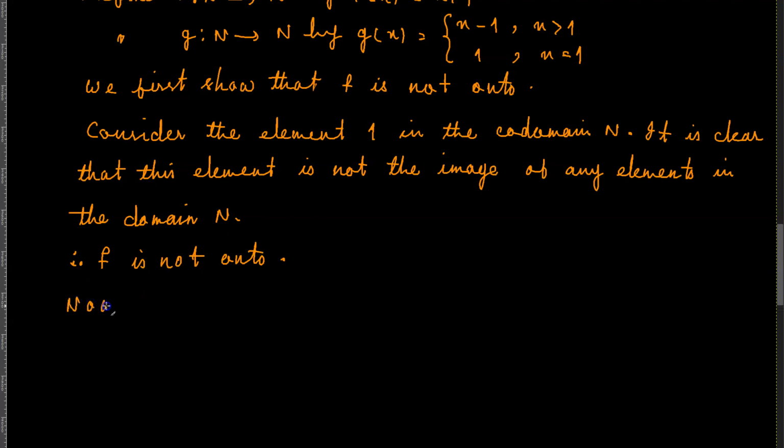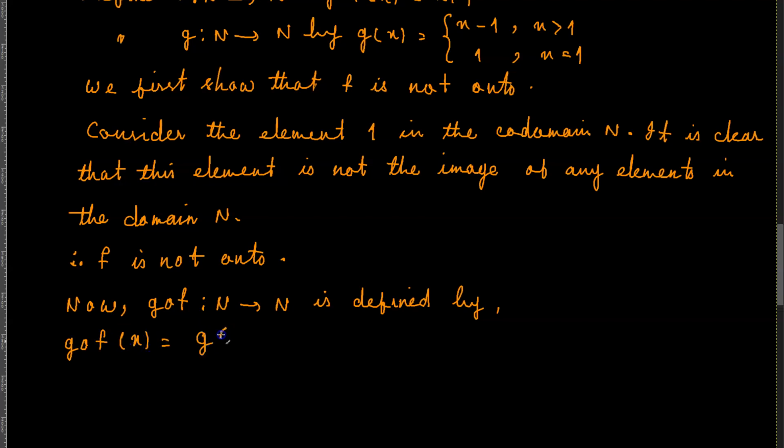Now g o f as a function from N to N is defined by g o f of x, which is equal to g of f of x, which is equal to g of x plus 1, which is equal to x plus 1 minus 1, which is equal to x.